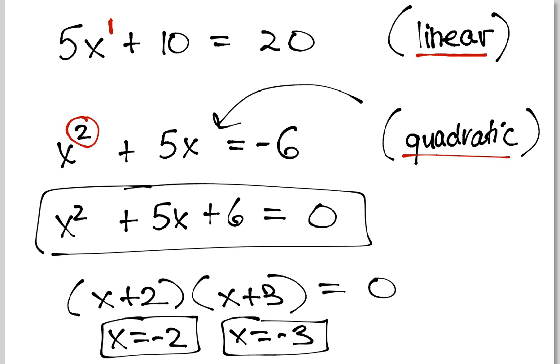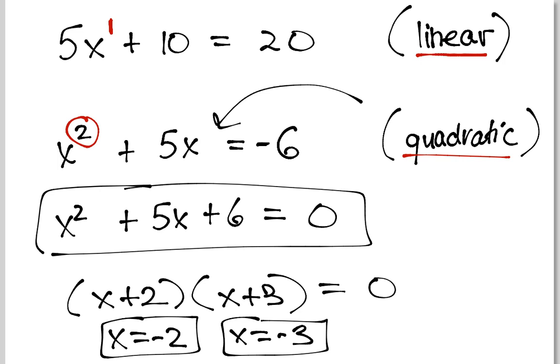So why are there two answers? That x squared plus 5x might look like something like this, right? And where does it equal 6? Well, 6 cuts across like that. There's 6.